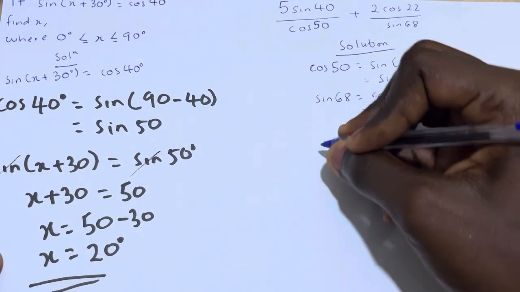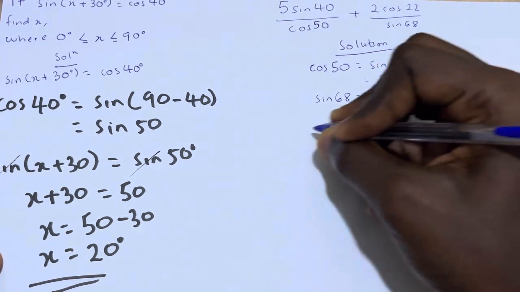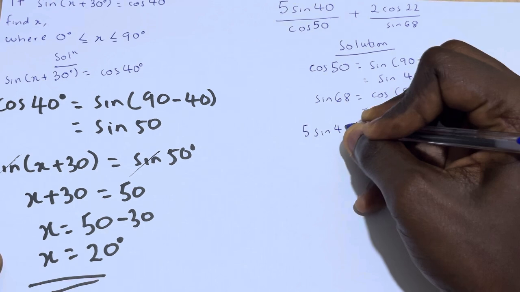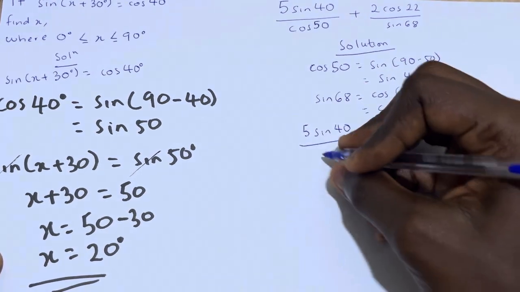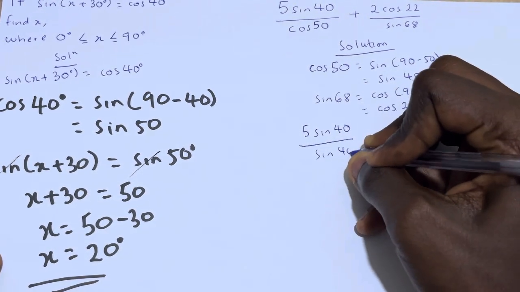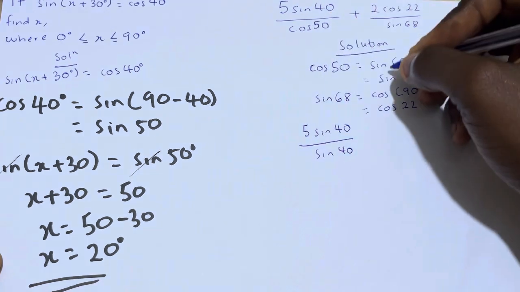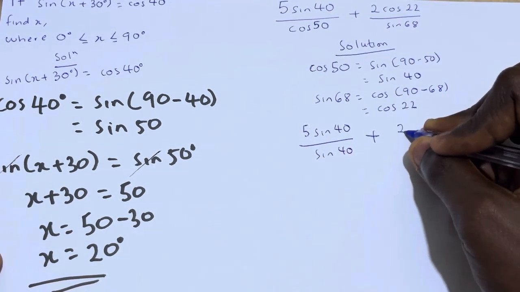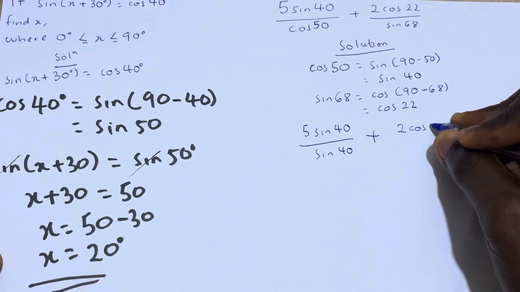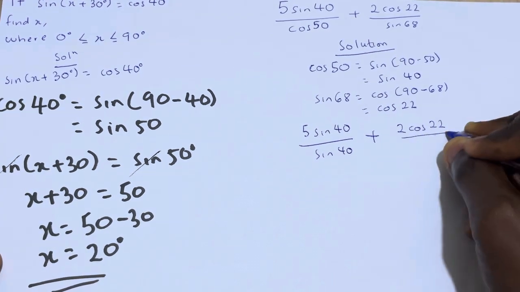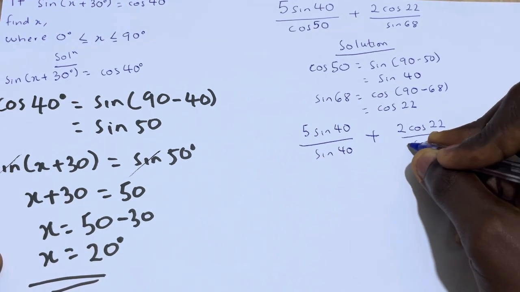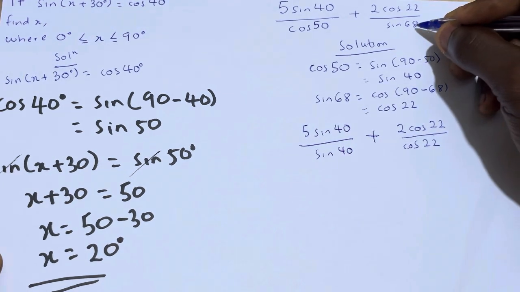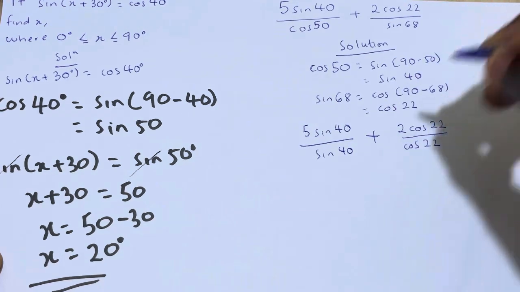So putting this all into the expression here, we have 5 sine 40 over sine 40, because we've changed this sine 50 to sine 40, plus 2 cos 22 over cos 22, because we changed this sine to cos.